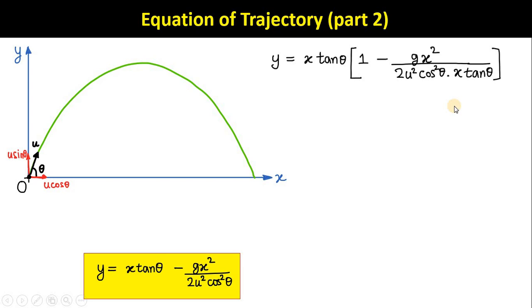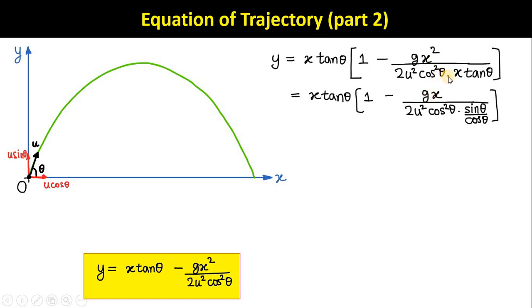Students, you should understand that in mathematics, taking something common means you divide it by that same term. So when x tan theta has been taken out of the bracket, every term inside the bracket is divided by the same x tan theta. That's the meaning of taking common. Let's simplify further.